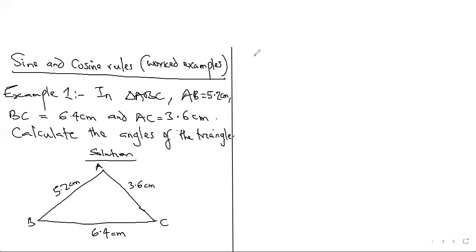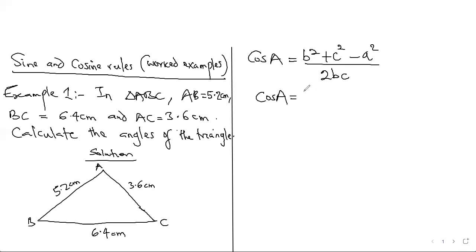Using the cosine rule, cos A will be equal to b squared plus c squared minus a squared, over 2bc. If you substitute the values, the side facing angle B is small b, the side facing angle A is small a, and this is small c.